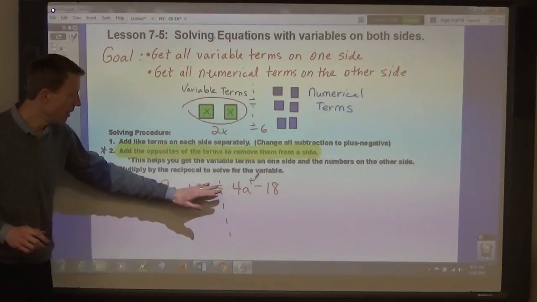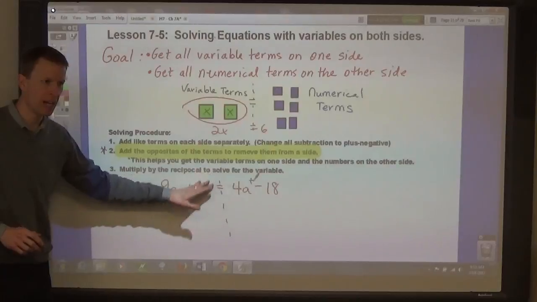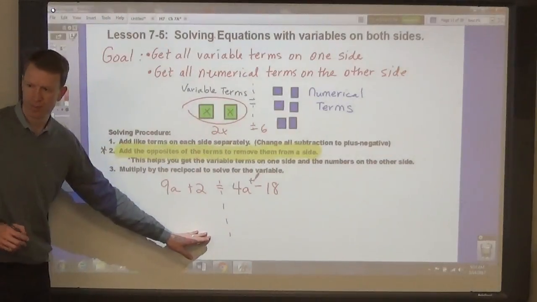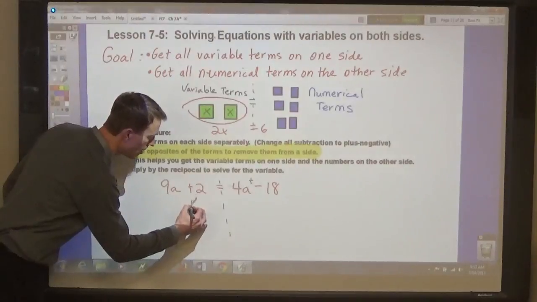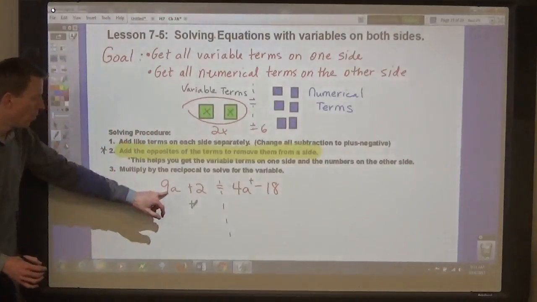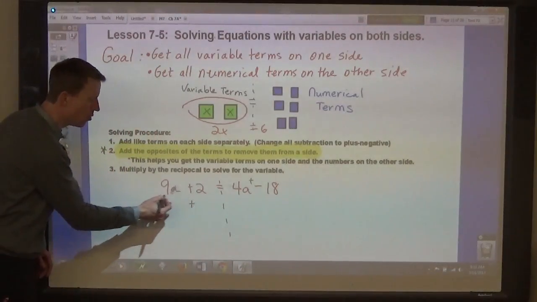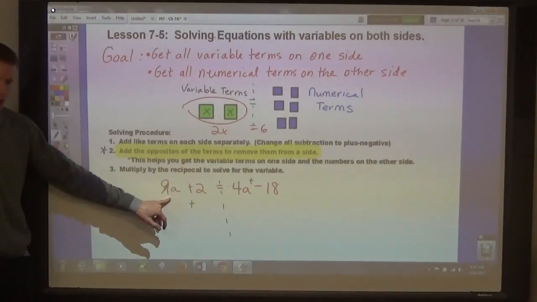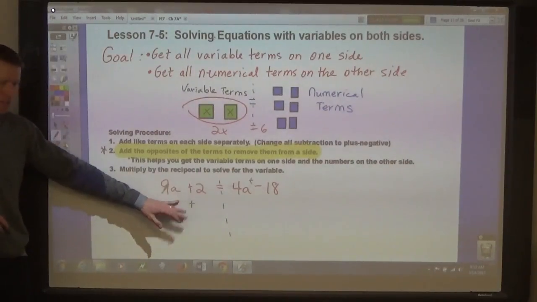So if we wanted to eliminate the 2 on this side, we would add negative 2. Now, what's the point of getting rid of the 2 on this side? Anyone know? Tyler? Because then maybe it leaves the variable alone. Yeah, it leaves the variable alone.